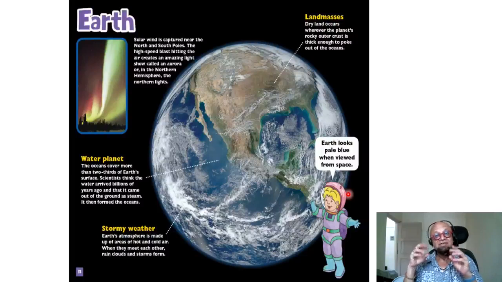Blue wavelength is scattered the most in every direction, so it tends to come at you most preferably when you look at the ocean or when you look at the sky. Okay, so Earth looks pale blue when viewed from space. It was called the Blue Marble when the first photo of the Earth was shot from space.